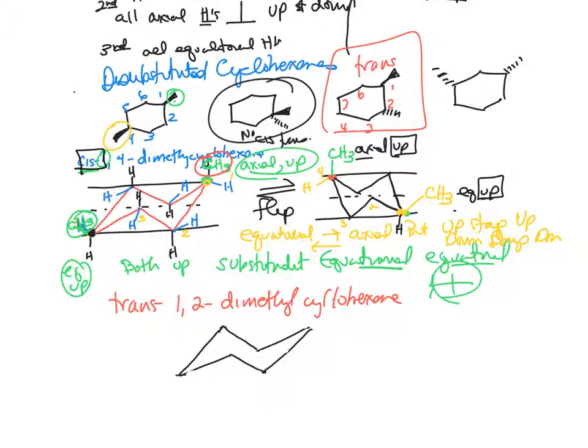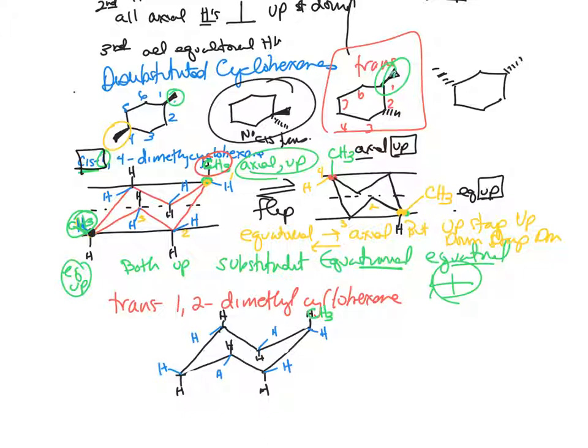Alright, so there's that. And then you draw your axial up, axial down, axial up, axial down, axial up, axial down. And then you can draw your equatorial down, equatorial up, equatorial down, equatorial up, down, up. And then you're going to put this methyl here, and this methyl is up.